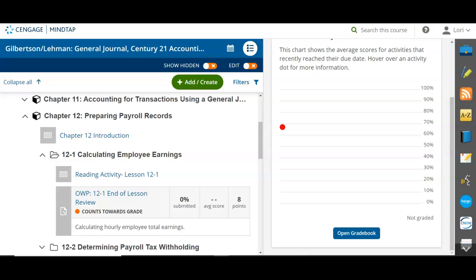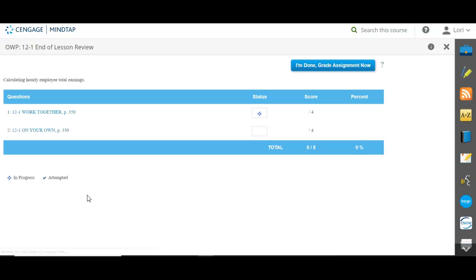So today we're going to start on a new chapter, Chapter 12, Preparing Payroll Records. I want you to please go to 12-1, Calculating Employee Earnings, the OWPs, and go to the On Your Own one.